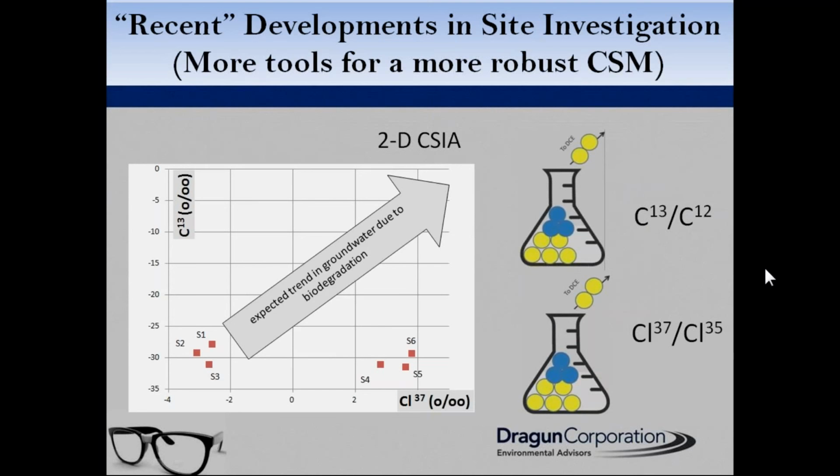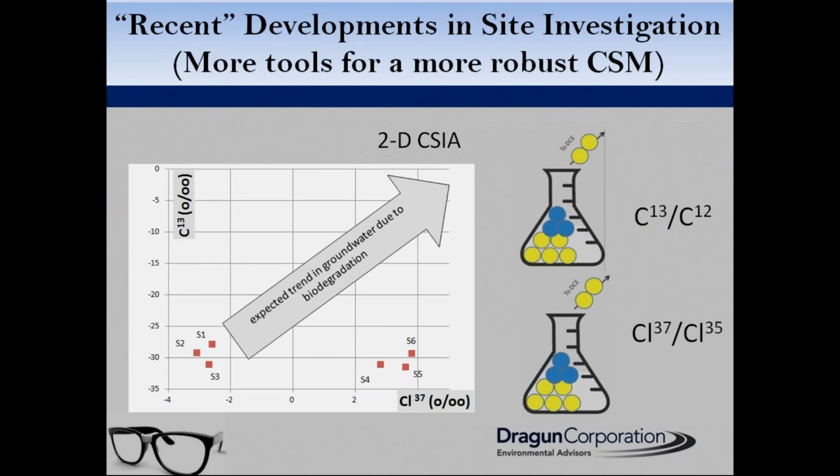We can do that in two-dimensional compound-specific isotope analysis. Here we're looking at TCE, but we're looking at chlorine isotopes and carbon isotopes, and both of them respond the same way with biodegradation. They tend to get relatively heavier, more of the heavy isotope as you're going in the groundwater flow direction, unless there's a second source.